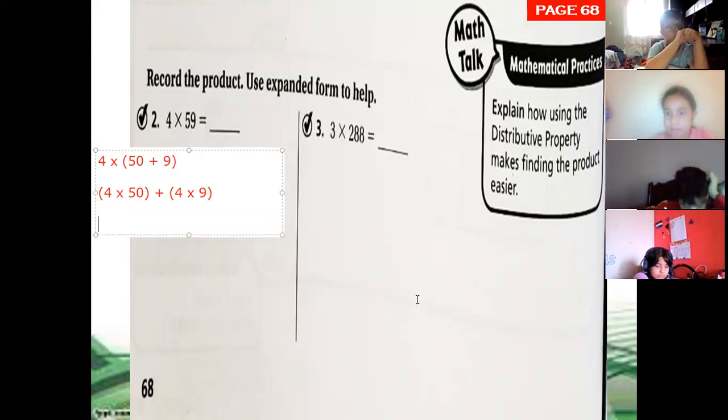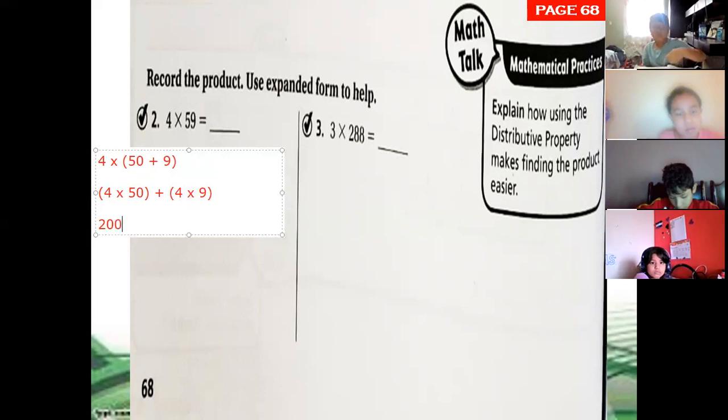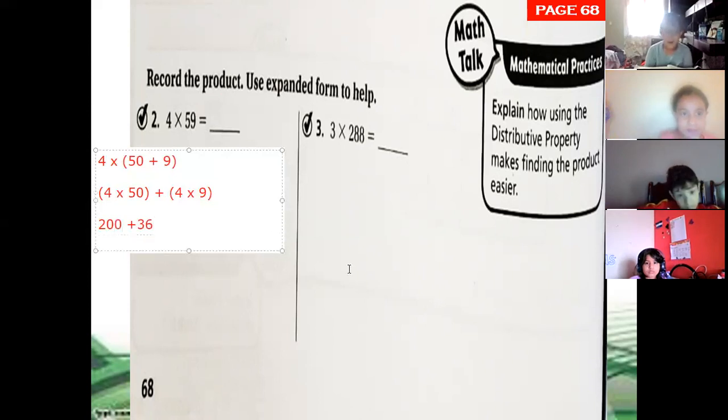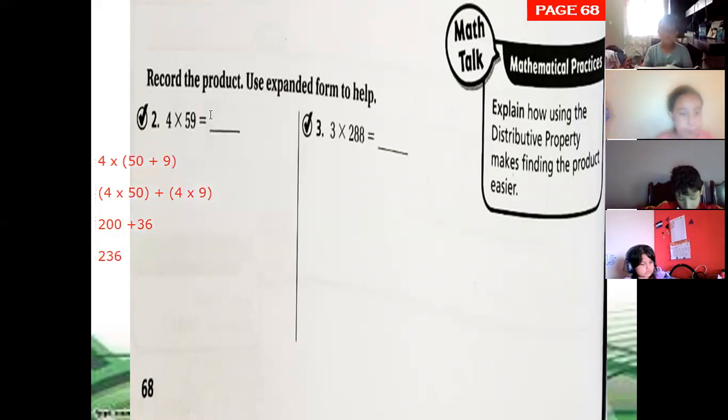What I said is copy the answer only at the end. Then I multiply 4 times 50: 4 times 5 is 20, plus a 0, 200, plus 4 times 9, 36. 36 plus 200 is 236. So that's the answer here, 236.